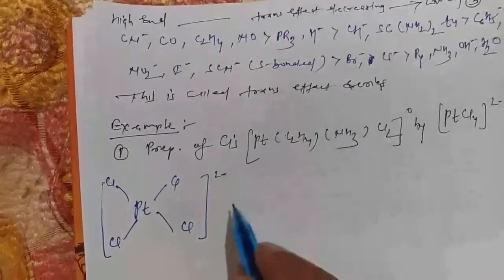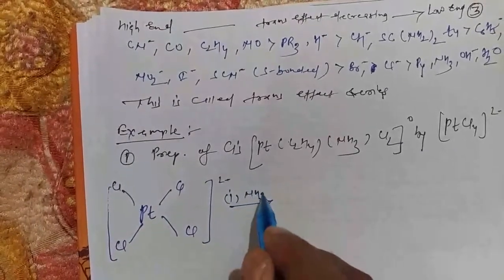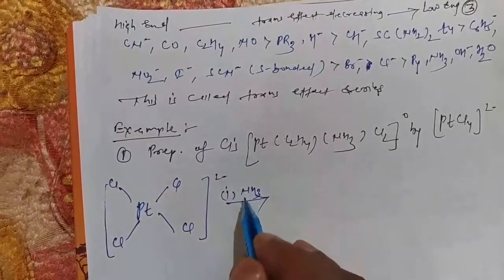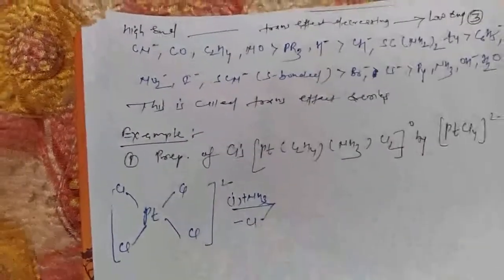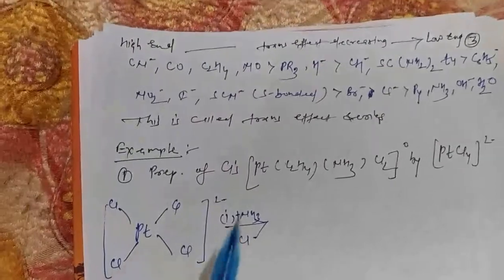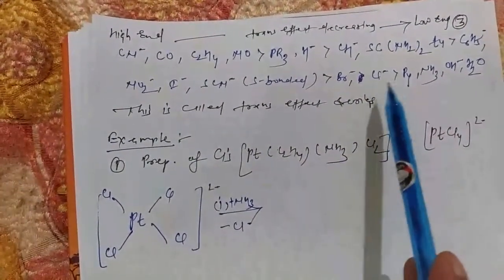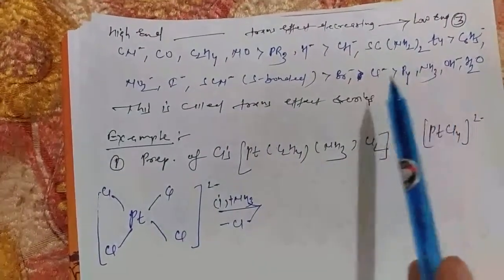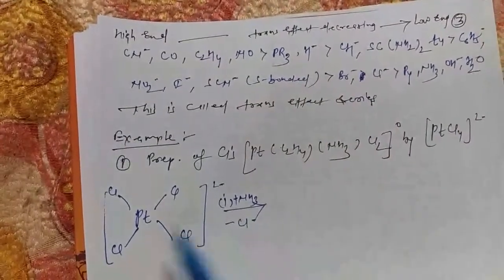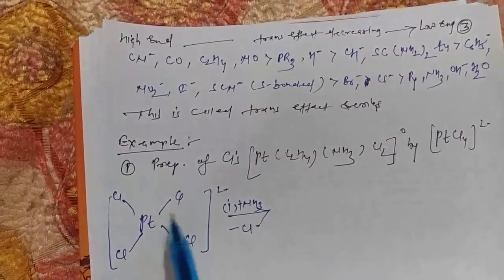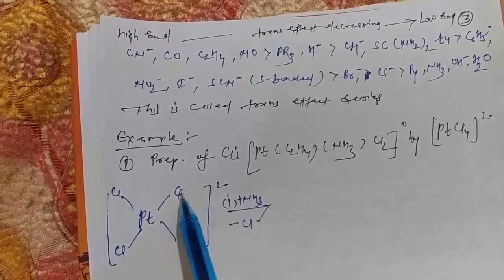Well, we start by replacing with NH3 first, with removal of Cl negative. Any of the chlorines can be removed, because the trans effect of chlorine is greater than ammonia, and every chlorine has a greater trans effect by comparison.